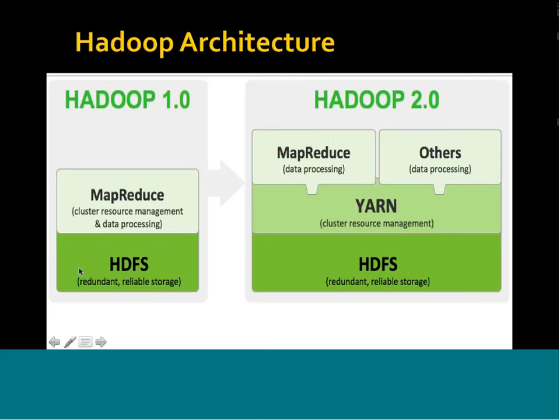HDFS will take responsibility of replicating the data and putting it across different nodes, or boxes, or machines, in the existing cluster, so that in case one machine is down, the data is still made available from another machine which holds a copy of the same data.